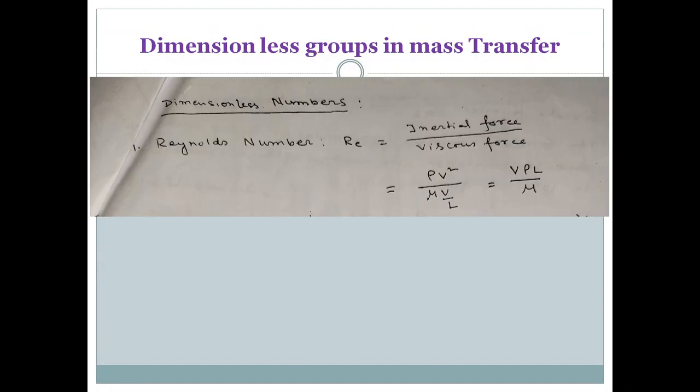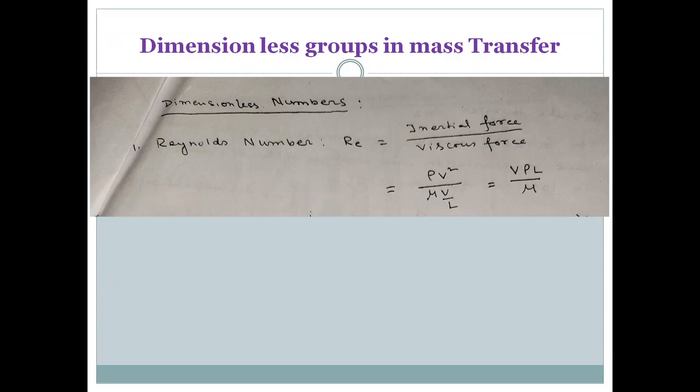The first dimensionless number, which you have already studied in fluid dynamics and heat transfer, is the Reynolds number. The Reynolds number is the ratio of two forces: inertial force by viscous force. When fluid is flowing in a pipe, what is the inertial force?